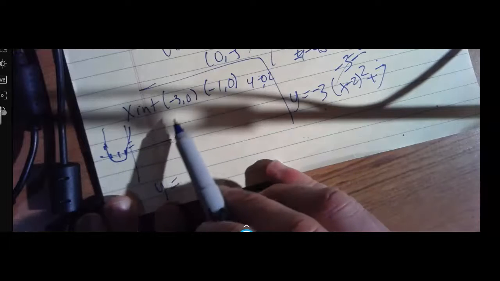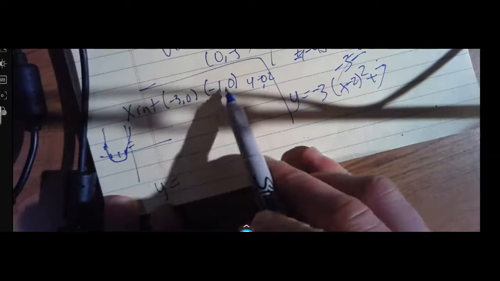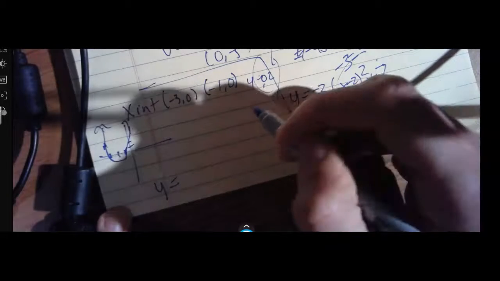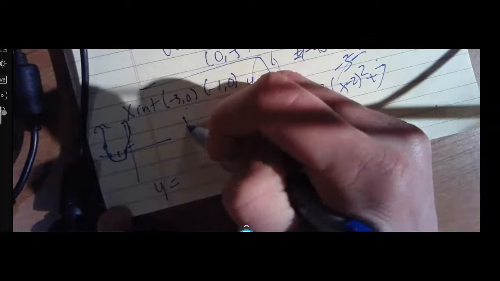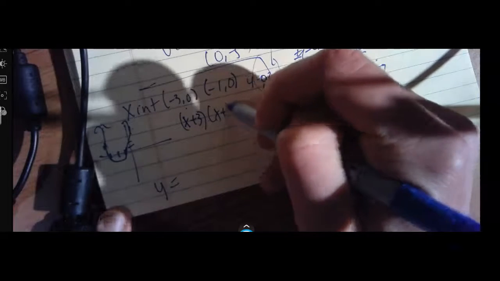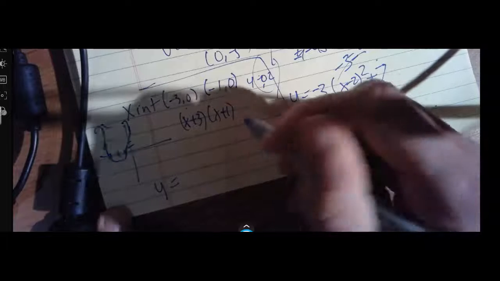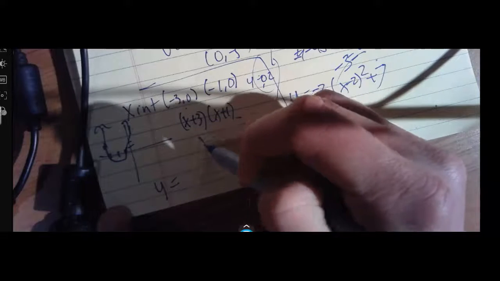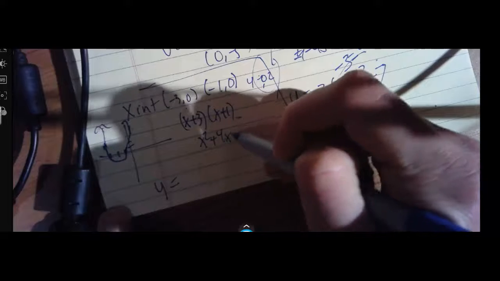This next problem tells us that it has x-intercepts at (negative 3, 0) and (negative 1, 0), but it has a y-intercept of (0, 2), as the picture says right here. In order to do this, we have to work backwards. If it has an x-intercept at negative 3, then x plus 3 has to be a factor, and x plus 1 has to be a factor. If we multiply that out, we get x squared plus 4x plus 3.